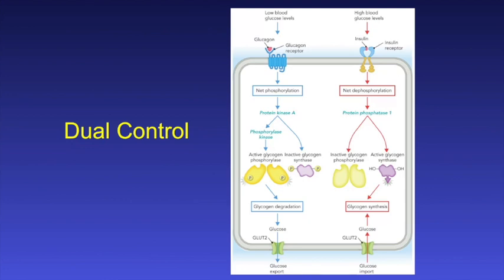In this case, we are looking at liver because there's a glucagon receptor. And so what happens is glucagon will upregulate and cause lots of phosphorylations. It causes protein kinase A to be active.